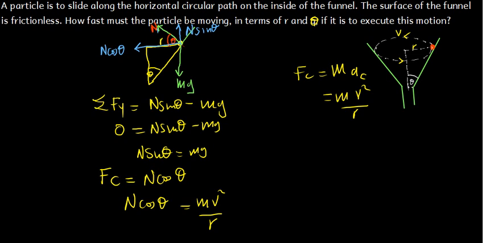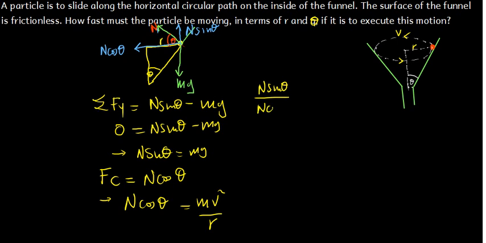Now from what we have here, we know that if we divide sin over cos, we get tan. So we are going to divide this one by this one. So this is going to be n sin theta divided by n cos theta, which is equal to mg divided by m v squared over r.